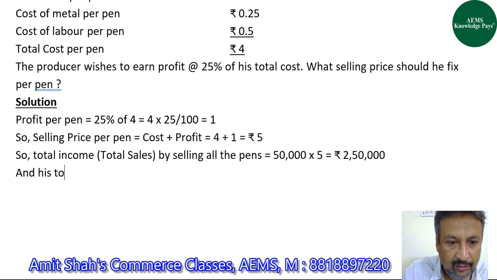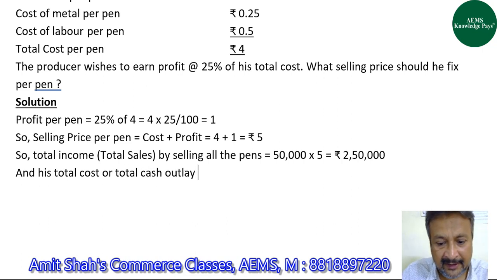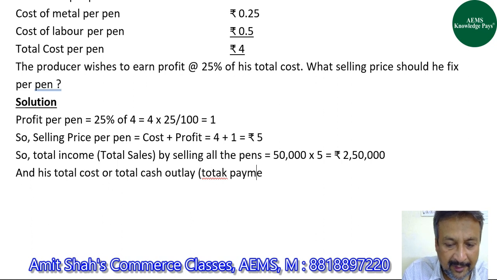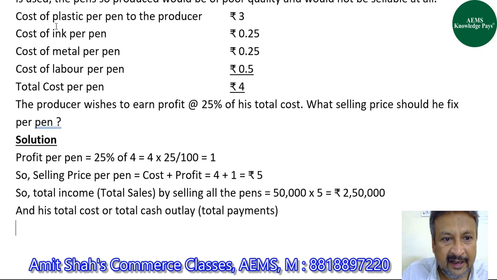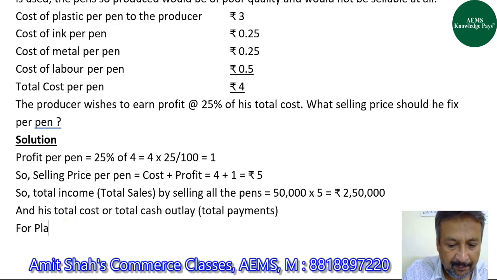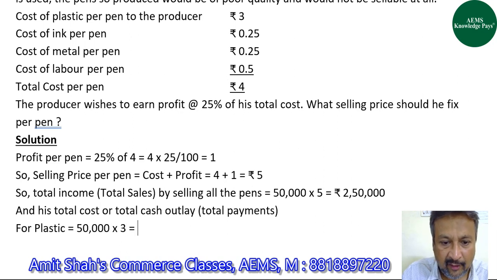And his total cost or total cash outlay means total payments. How much payments he has done or he would be doing? He has done payment for plastic at the rate of rupees 3 per pen. So for plastic, he would be paying for 50,000 pens at the rate of rupees 3, that is 1 lakh 50,000.